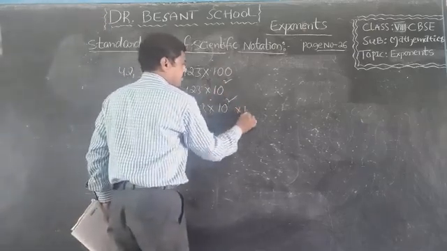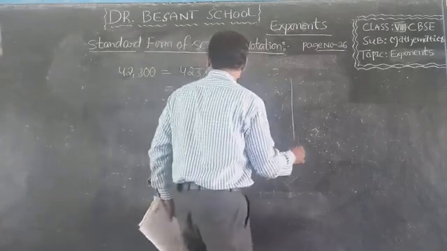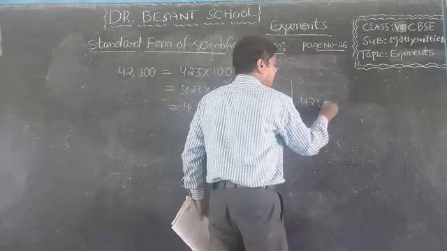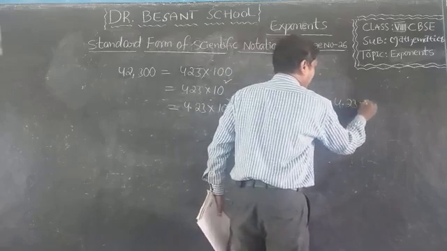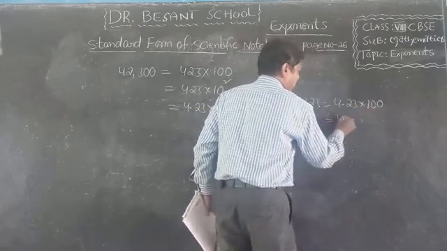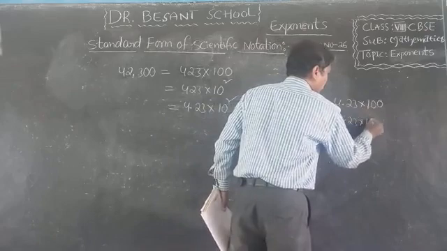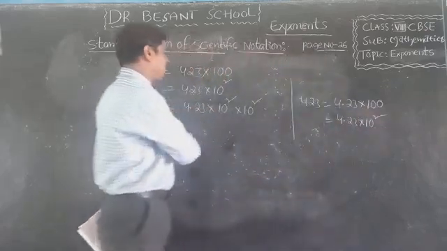Again this 10^2. See, why? Because 423 is equal to 4.23 into 100. That means 4.23 into 10^2. I applied the same thing.